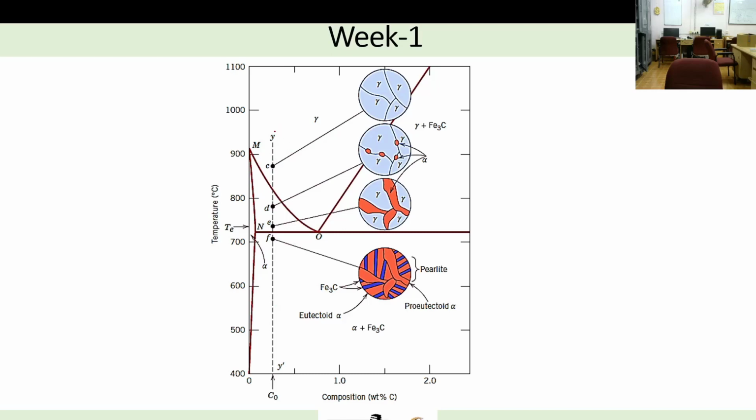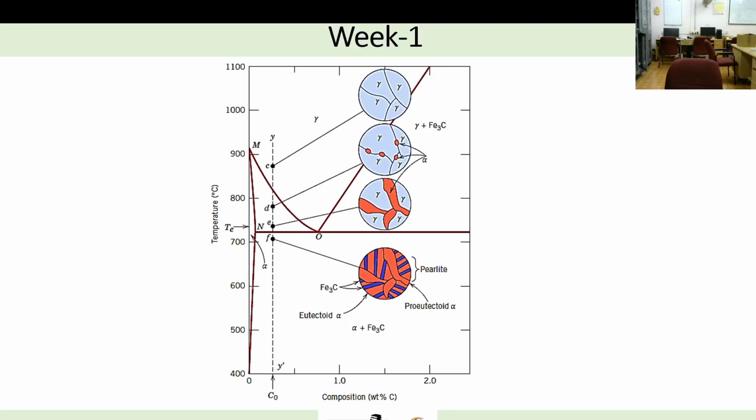If you cool from a higher temperature, let's say you are in the austenitic region, to room temperature, this is how the phases will be evolving. So we have different lines, right?